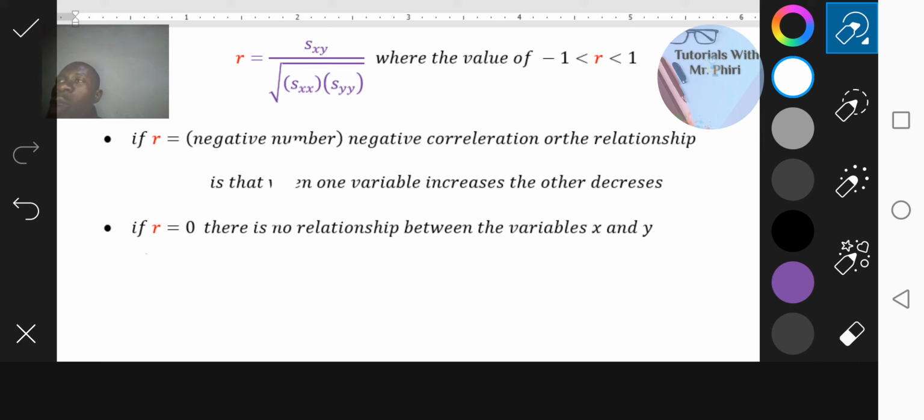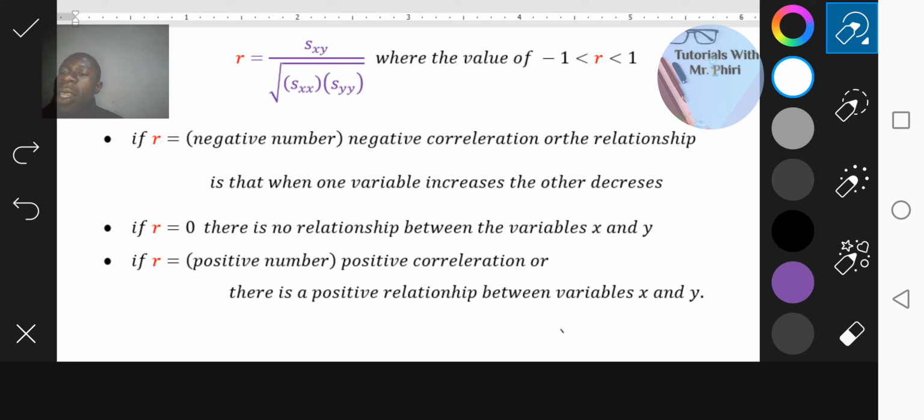So for instance, for gaining weight and eating meat, our conclusion would be there is no relationship between gaining weight and eating meat. Or if it is studying and passing an exam, we can conclude there is no relationship between studying and passing an exam. Or if it is going to work and productivity, we would conclude that there is no relationship between going early to work and productivity. So that is how we interpret.